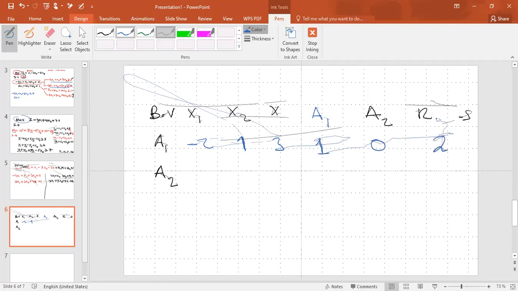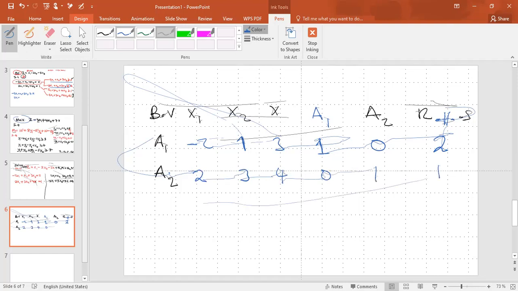Then the second inequality: 2, 3, 4, 2, 3, 4. Then 0, 1, 0, 1, then 1. 0, 1, 1.